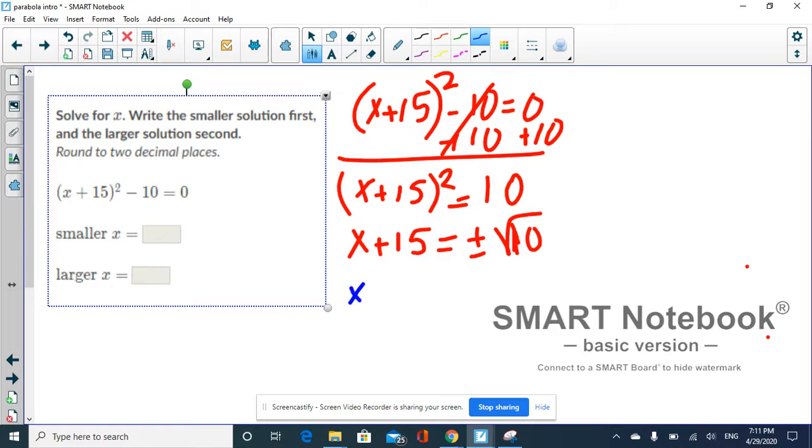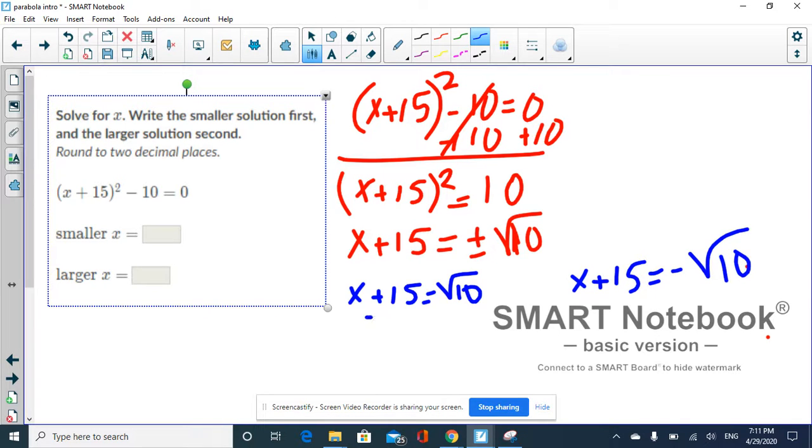One of them, x plus 15 equals positive root 10. The other one, x plus 15 equals negative root 10. To solve these equations, subtract 15 from both sides.